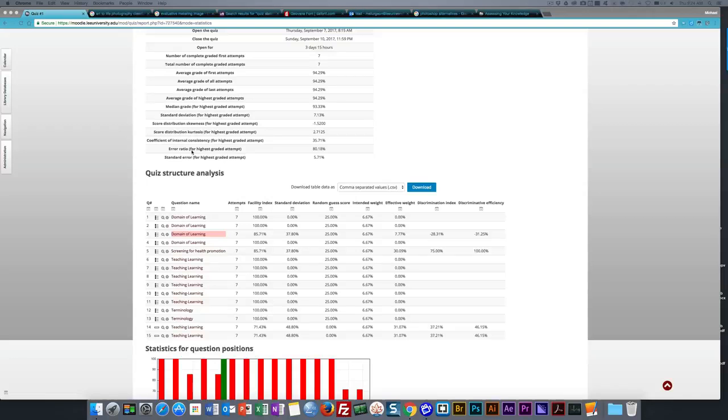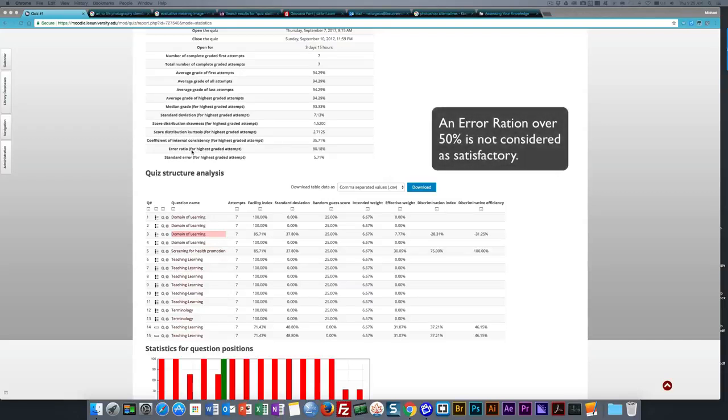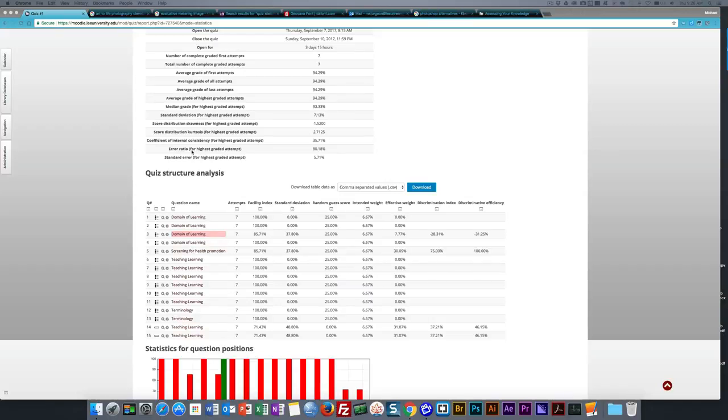So the error ratio takes that into consideration rather than a genuine difference of ability. So values of error ratio in excess of 50% cannot be regarded as satisfactory. To see the value of your quizzes and how adequately they are measuring your students' abilities.